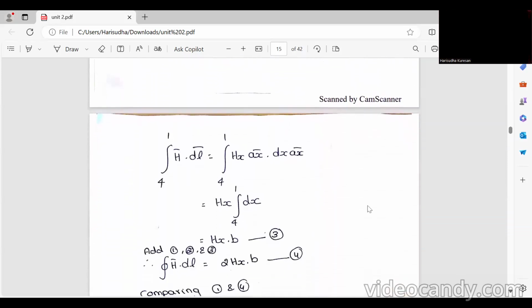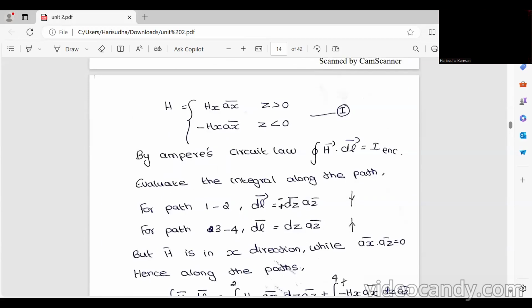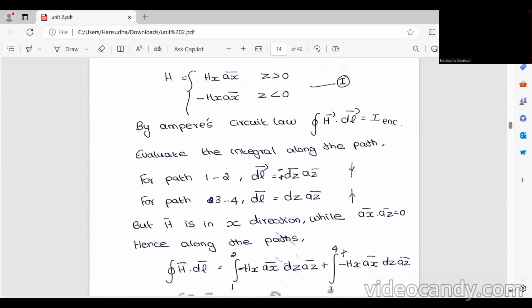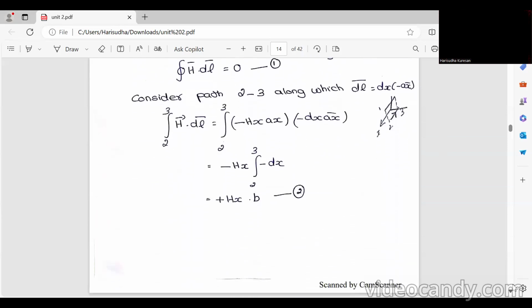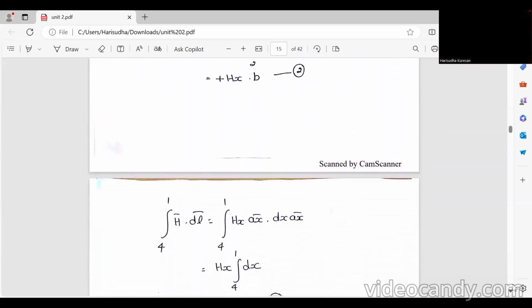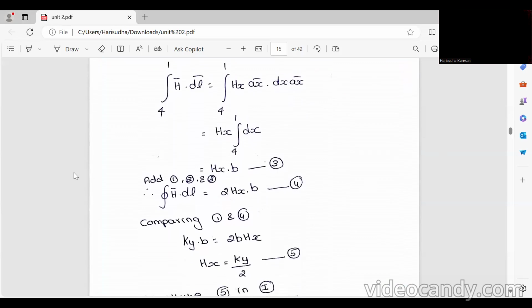Similarly, for the path 4 to 1, I will get Hx integral dx. The paths 1 to 2 and 3 to 4 cancel, as in the previous equation, and the value will be 0. The paths 2 to 3 and 4 to 1 will remain. So adding up all the equations, we get the closed integral of H dot dl equal to 2 Hx b.